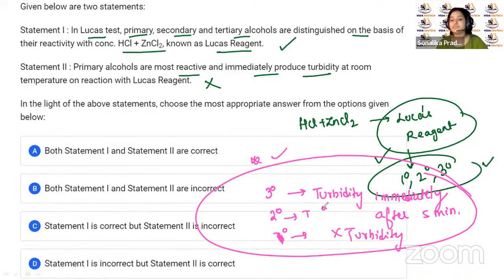So as this is producing turbidity immediately, can I say that this one is the most reactive? So when this is the most reactive, the statement becomes wrong and the first statement is correct. So can I say that statement 1 is correct, whereas statement 2 is incorrect, right?